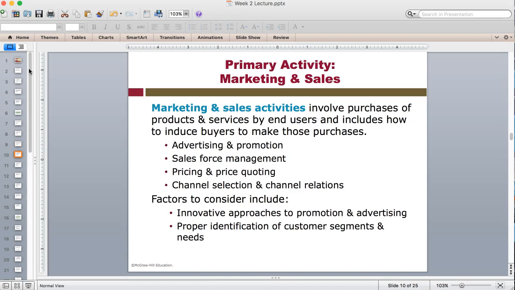Another primary activity, which most all organizations have, is the marketing and sales activity: advertising and promotion, sales force management, pricing. Again, this is a key function, and we'll be asking the question, are we good at marketing or not? One of the things about this type of analysis is that you have to be very objective in order for it to be useful.